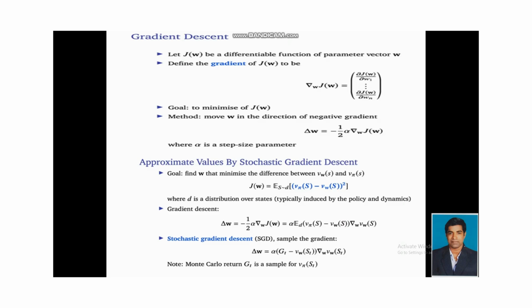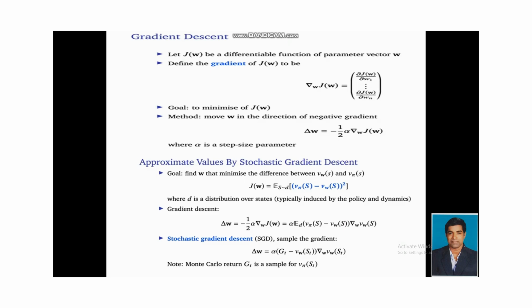Approximate values by stochastic gradient descent. Goal: find W that minimizes the difference between V W of S and V pi of S. J of W is equal to the expectation of (V pi of S minus V W of S) the whole squared, where D is the distribution over states.